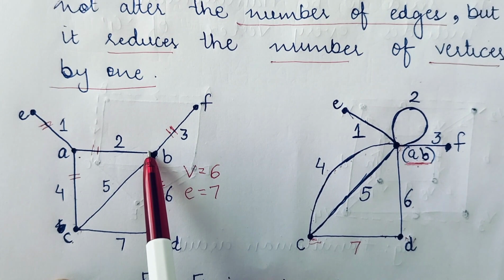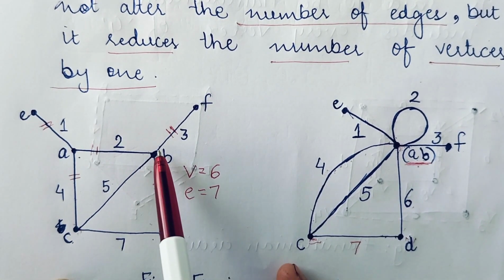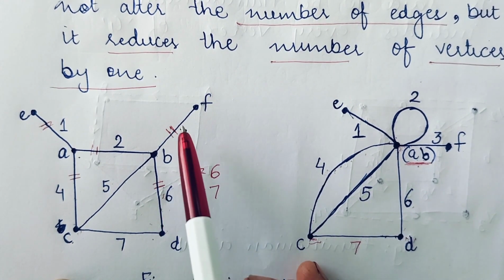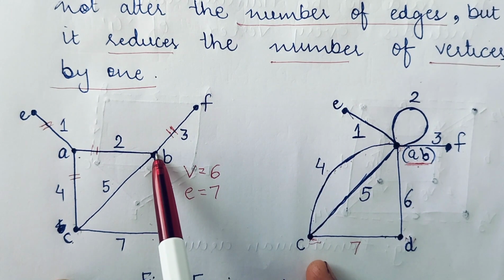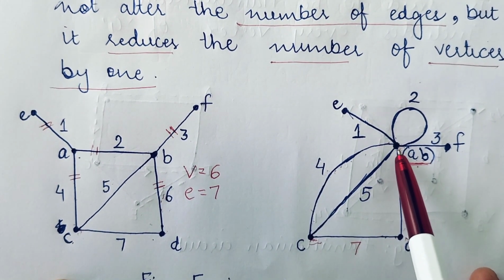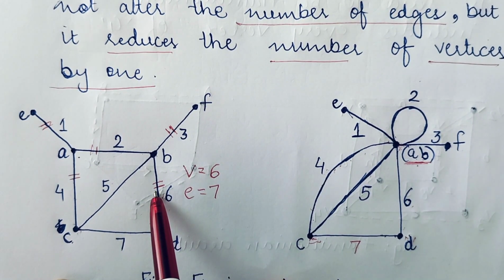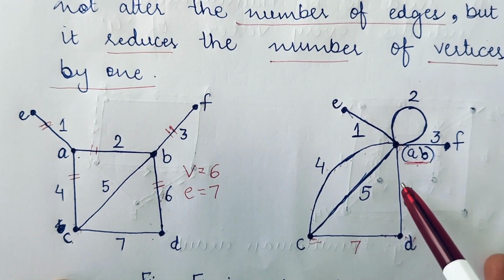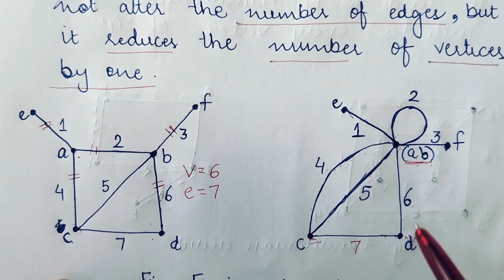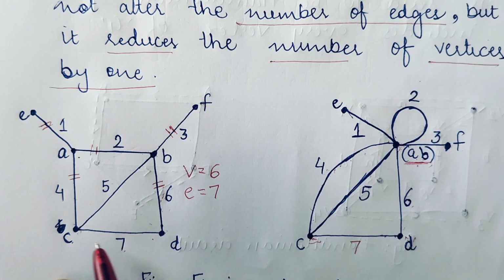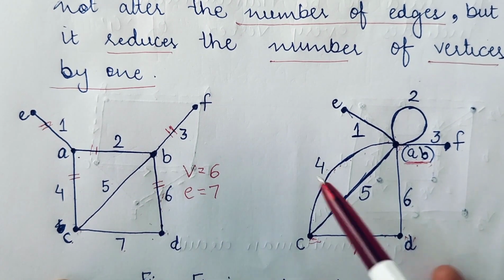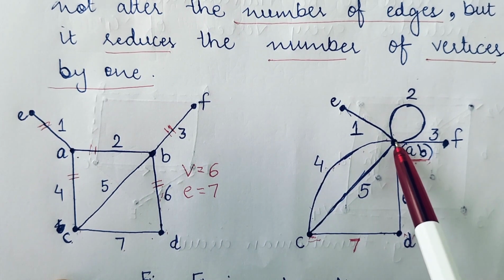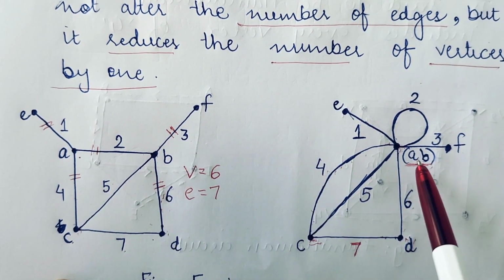So we are done with the common edge between A and B, and we are done with the edges incident on A. Now let's look at the edges which are incident on vertex B. Edge 3 is incident on vertex B and edge 6 is incident on vertex B. Edge 3 is incident upon vertex B and F, so here also edge 3 is incident upon the new fused vertex AB and F. Then edge 6 is incident upon B and D, so in the new graph, edge 6 is incident on AB and D. Edge 7 is incident upon vertices C and D, so here also edge 7 is incident upon vertices C and D. Edge 5 is incident upon vertex C and B, so here also edge 5 is incident upon vertex C and AB, because A and B are now replaced by a new vertex AB.